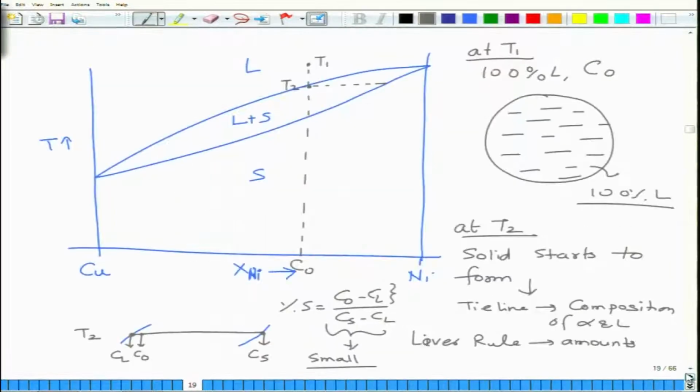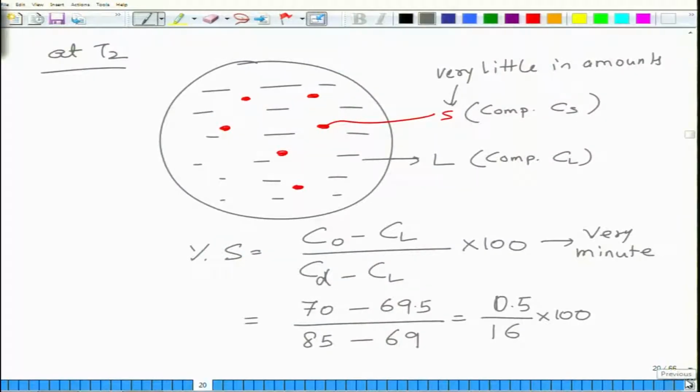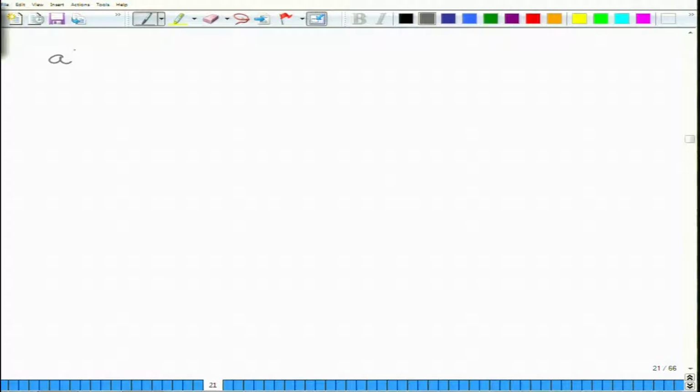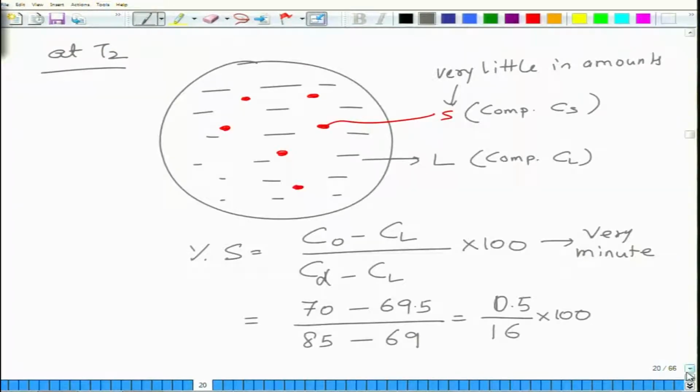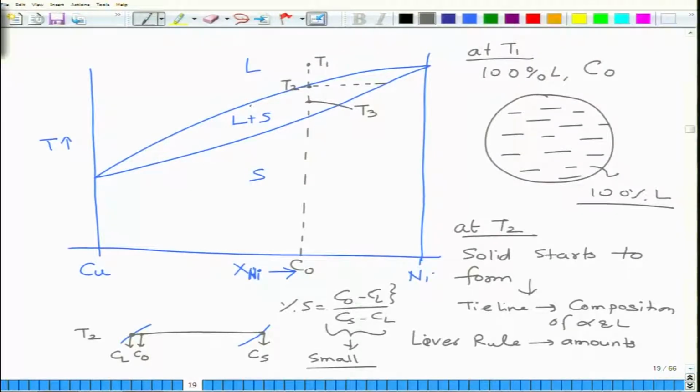Now let us do one thing. Let's go to point 3, T3. When we go to point T3, you can draw another tie line. So this is, let's say, 70%. At point T3, you have formed more solid.